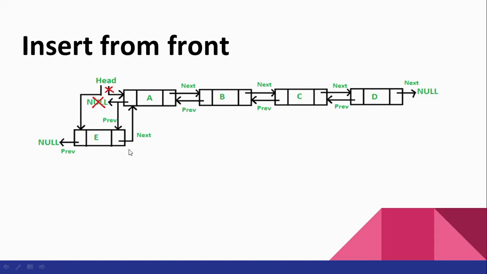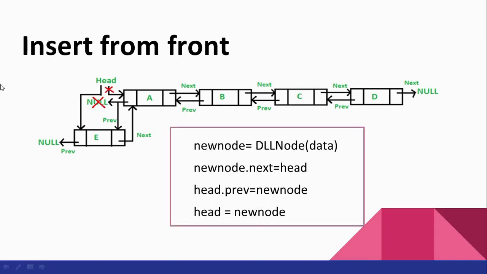So this is the insertion process at the front. The link changes are very important here. This is what is denoted in this code: new node equals DLL node, that means we are creating a new node with its data, and the new node's next pointer should point to the head. Earlier the head is A, so it must point to the head node, that is A. Then head dot previous equals new node.